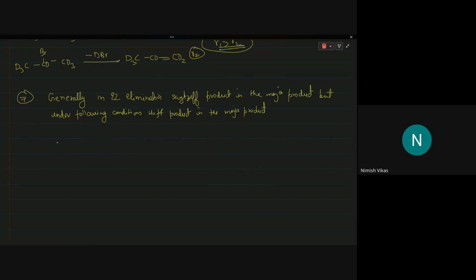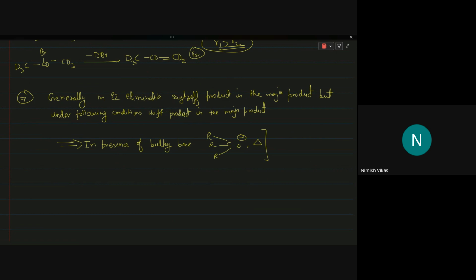The most important of it, I'm telling, is in the presence of a bulky base. What is the bulky base? This R, let's say carbon R O minus, and heat you are doing. So this is a bulky base.